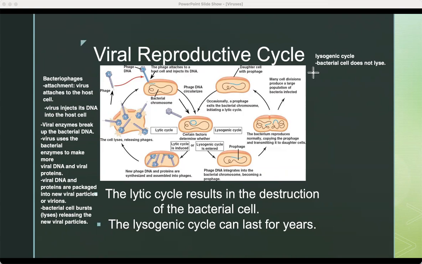Maybe the bacterial cells are stressed, they don't have enough nutrients or something like that, then the virus will enter the lytic cycle. But if the bacteria is in a good environment, then the virus will probably enter the lysogenic cycle. It also depends on what specific type of bacterial virus we're talking about.